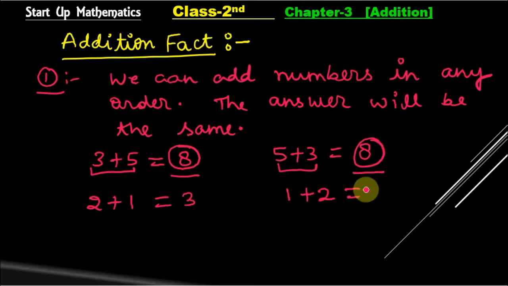The answer is 3. So 2 plus 1 is equal to 3 and 1 plus 2 is also equal to 3. So the first addition fact says we can add numbers in any order and the answer will be the same.